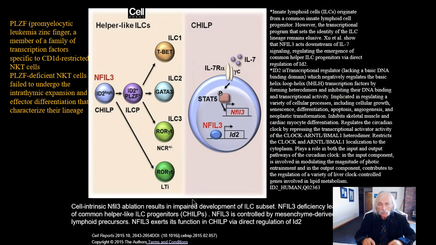All right, glasses back on. Now, I want you to take a look at this overall diagram. You're looking at NFIL3 expressing ID2 cells, which are also known as CHILP. Those are common helper innate lymphocyte precursors. That's what CHILPs are, okay? So you have innate lymphoid cells, right?